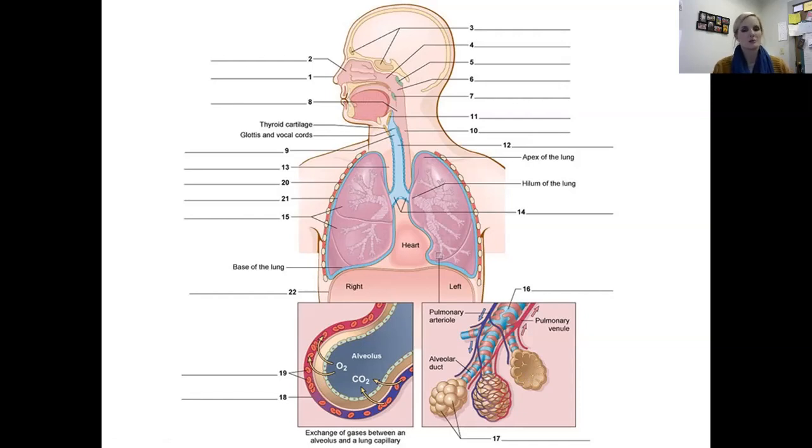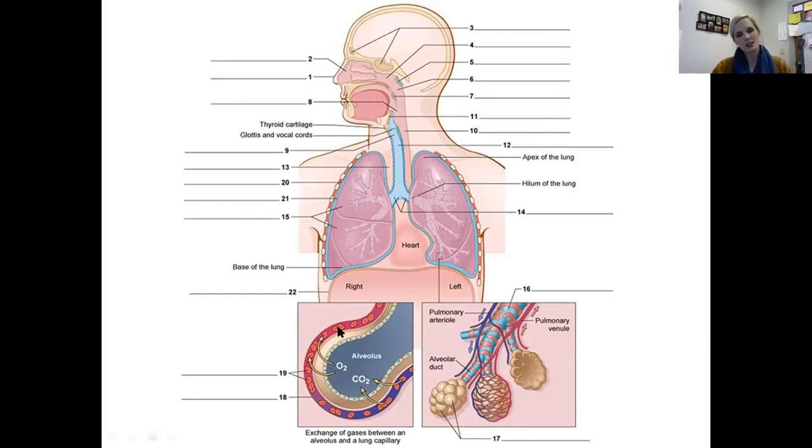The processing of oxygen has created a chemical waste called carbon dioxide, abbreviated as CO2. That CO2 is now being pushed into the alveolus so that we can exhale that carbon dioxide.